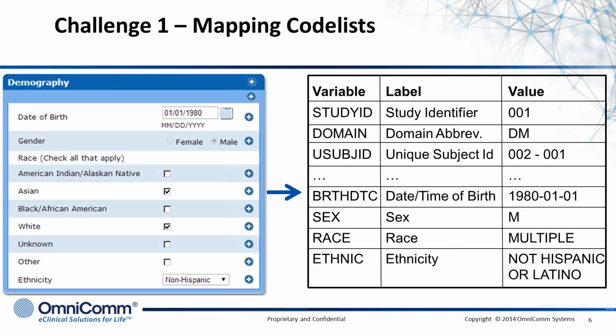So now let's drill into a couple of examples. I've got a very similar example to what Albert used for demographics. We've got a demography form here, and here's a piece of what we'll need in the SDTM data set on the right-hand side.